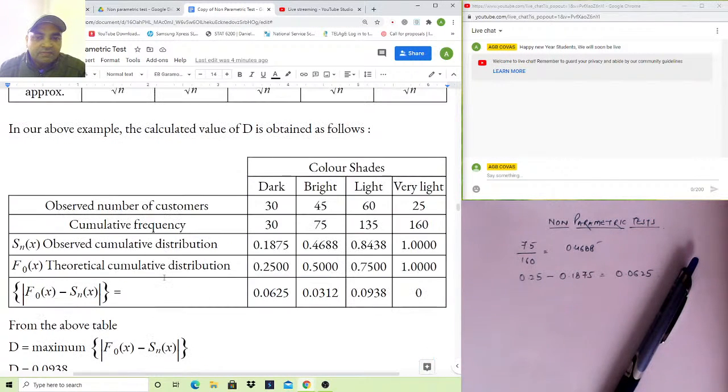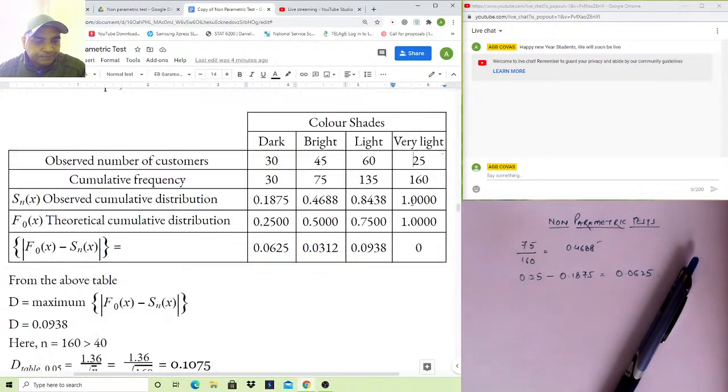So whatever the differences in these values, instead of 25, 25, 25, 25, you are seeing 30, 45, 60 and 25, it is only due to chance. It is not a significant difference. It does not deviate significantly from the theoretical cumulative distribution. So this is how you apply the KS one sample test.